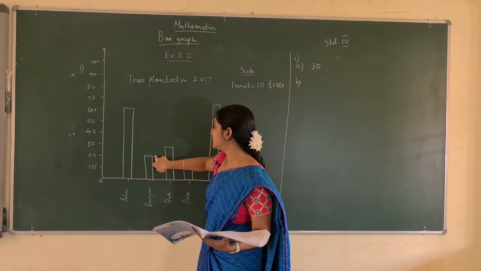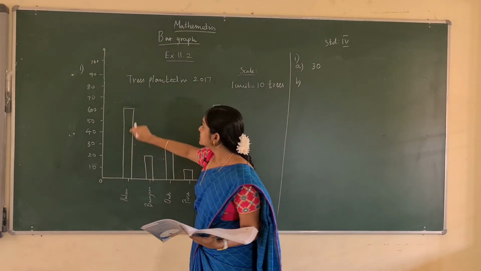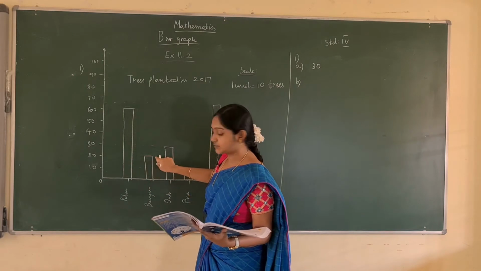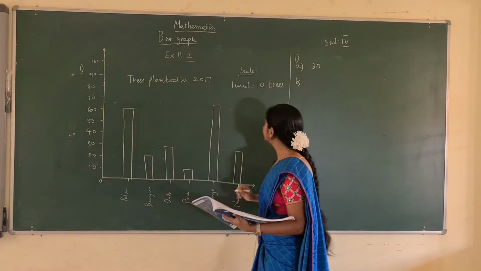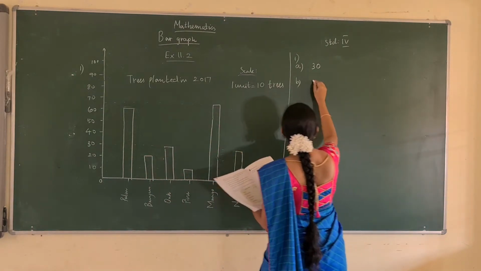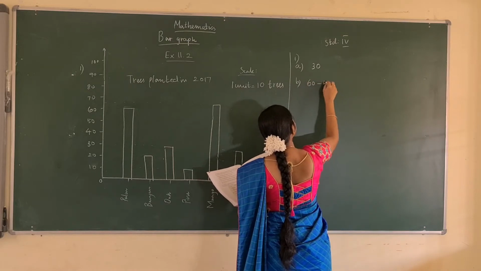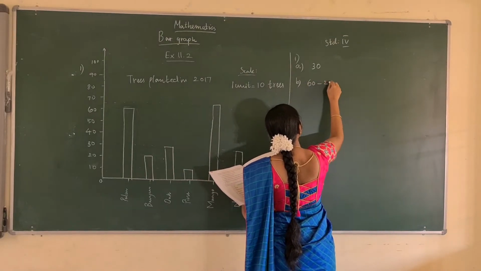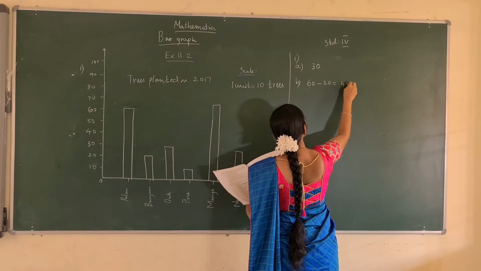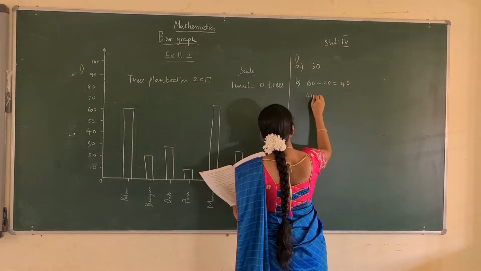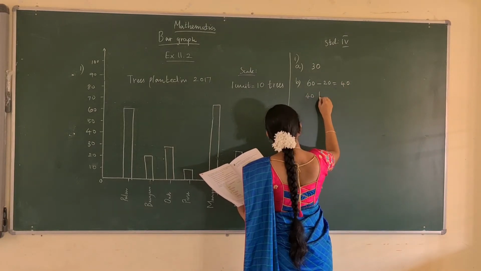Banyan tree is 20. So 60 minus 20, that is 40. So the answer is 40 trees.